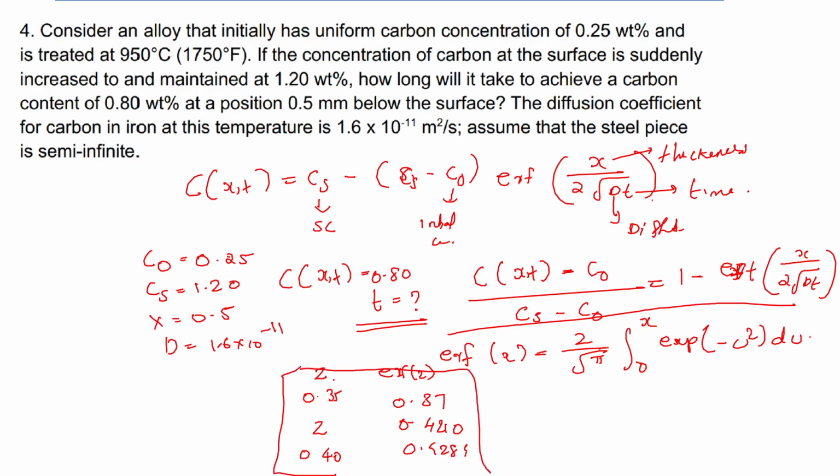What is written below 0.35? It is 0.3794, error function. Any value between 0.35 and 0.40, you take 0.4210.